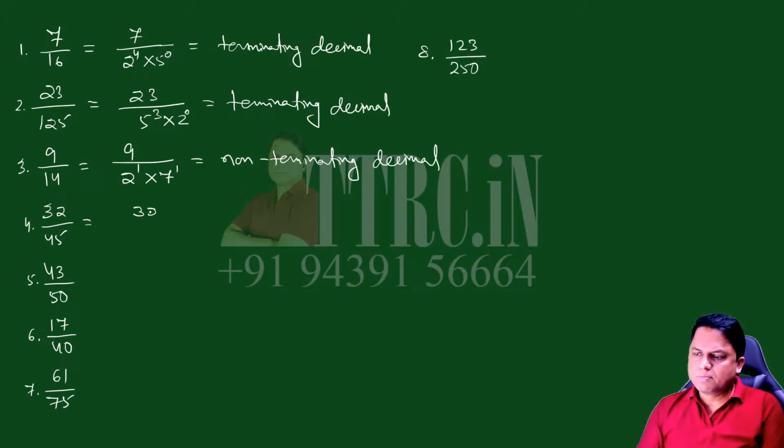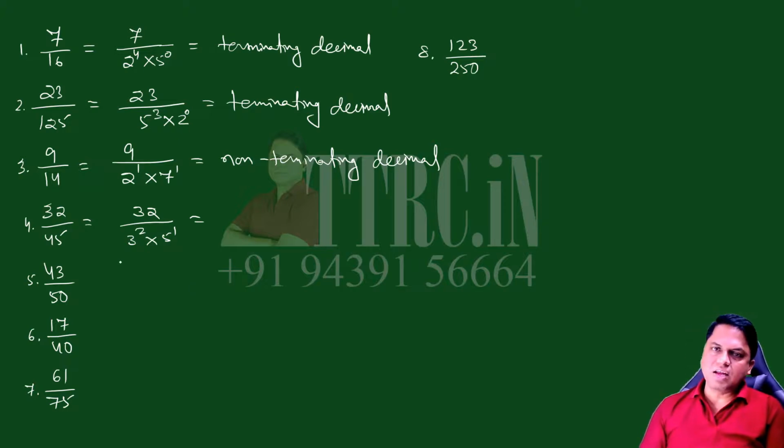Then 45, 3 to the power 2 multiplied by 5 to the power 1. So here as 3 is there as a factor, it is a non-terminating decimal.